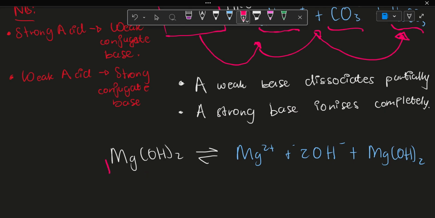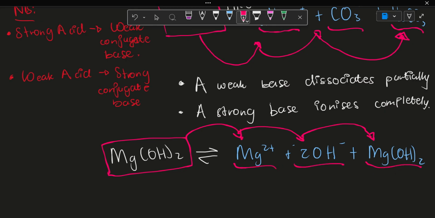So if I have this entire compound, it must give me these two and these two, and that's when I can say it's a strong base. But if I eventually lead to the compound itself as well, that just means it's a weak base, because it gave me its ions, yes, but it also gave me itself again in solution, meaning it did not dissociate completely, meaning it did not fully disintegrate into its ions. It partially disintegrated into its ions, and the other part would be itself. That's why we say dissociate partially, right?